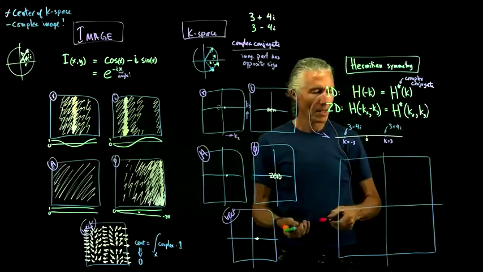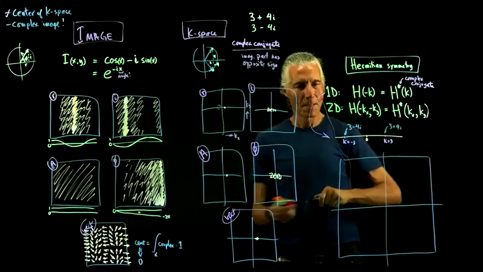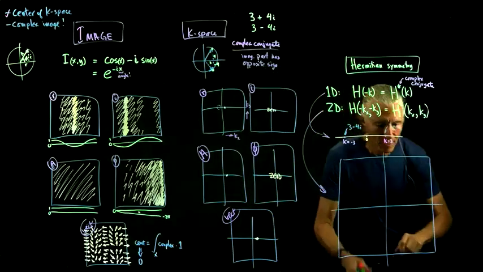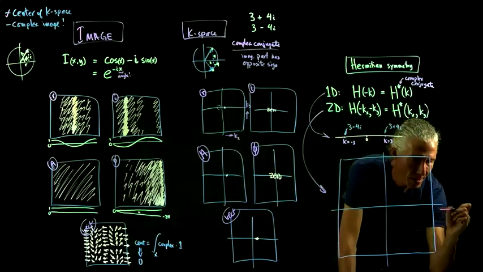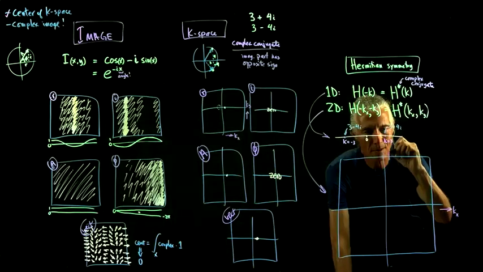So what this second equation means, that's kx going in that direction, that's ky going in that direction.